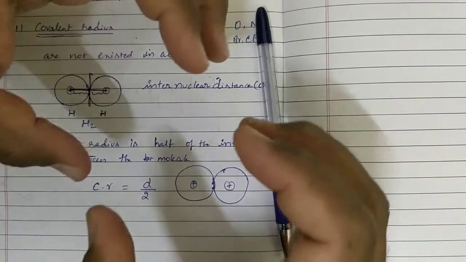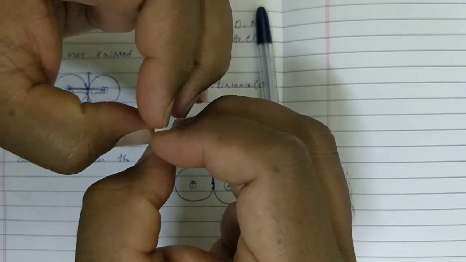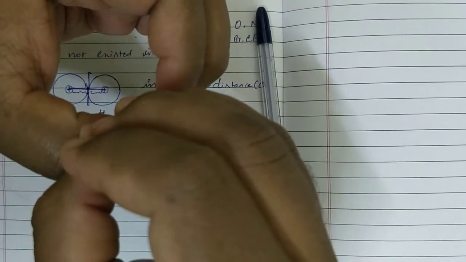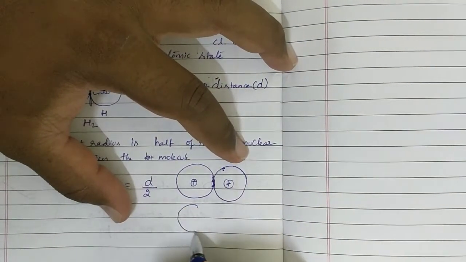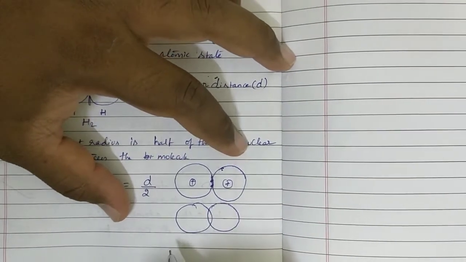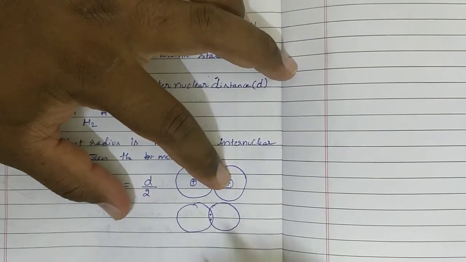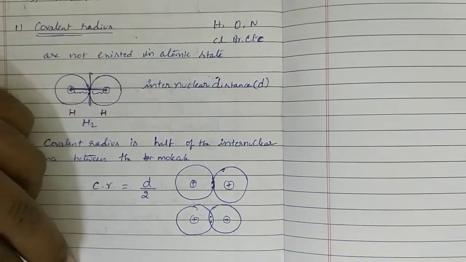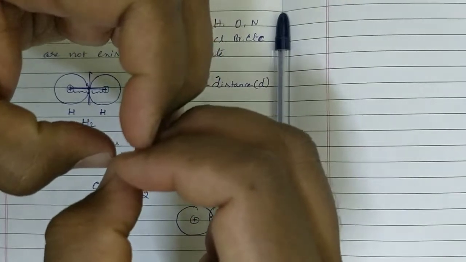That means the atoms are not exactly touching each other; slightly they are coming one atom into another atom, like this. Exactly, the atoms are not in contact with each other.